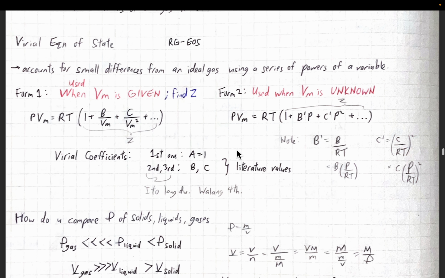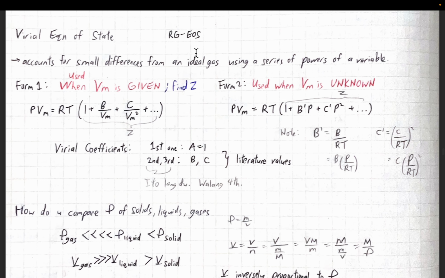Let's now move on to the virial equation of state. So this accounts for the small differences from an ideal gas using a series of powers of a variable. So there are two forms, no? Although I doubt that there's a distinction between the two.